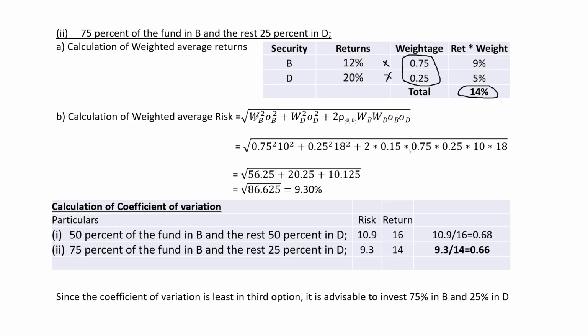And for weighted average risk, only the weightage has changed, except all the figures, that is standard deviation and correlation coefficient, which remain constant. And later, we have to calculate these three, then take the total, and then take the square root, and that would be your portfolio risk, that is standard deviation of a portfolio.